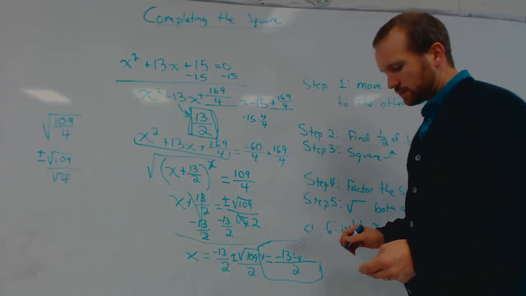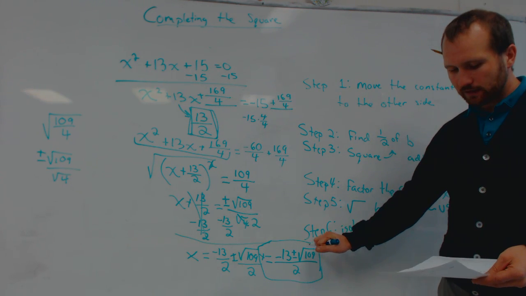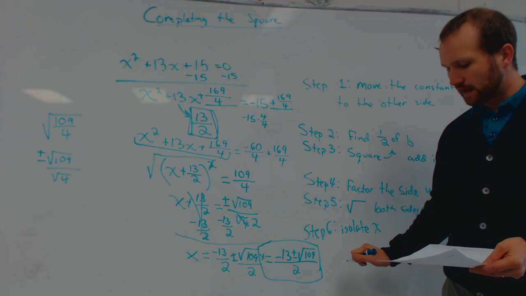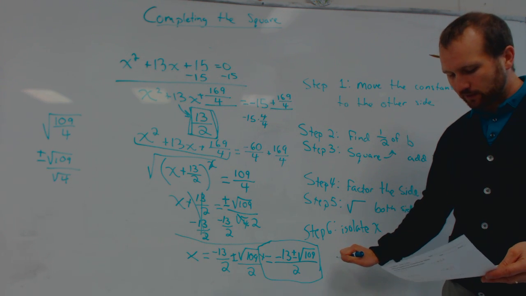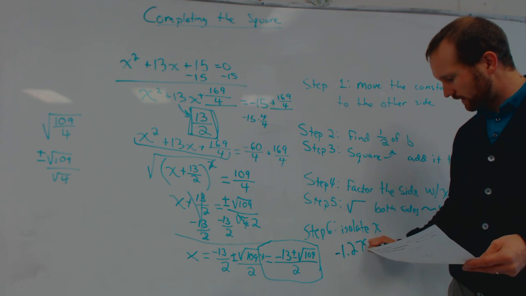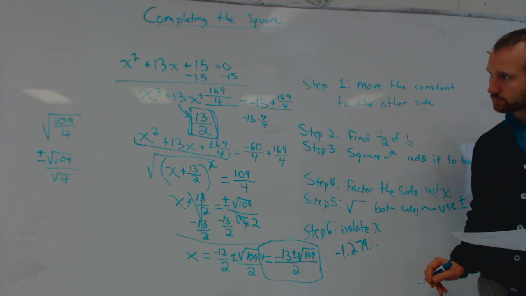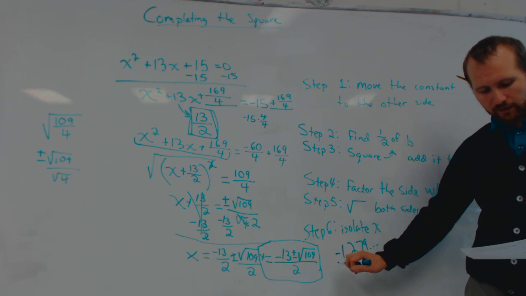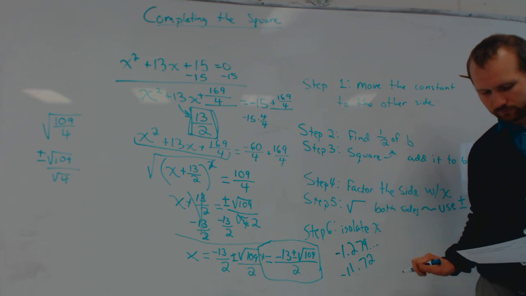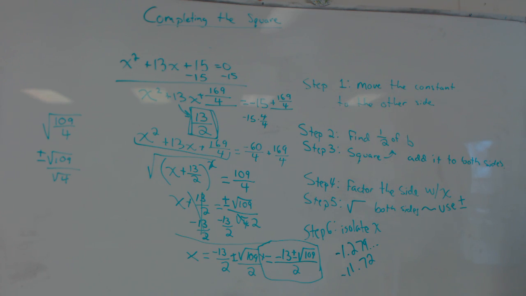If we had negative 13 plus 10 or whatever, divided by 2, I think we would get negative 1.279. I think this calculator did it wrong. And then the other one should be negative 11.72. We can just leave the answer like that, though.